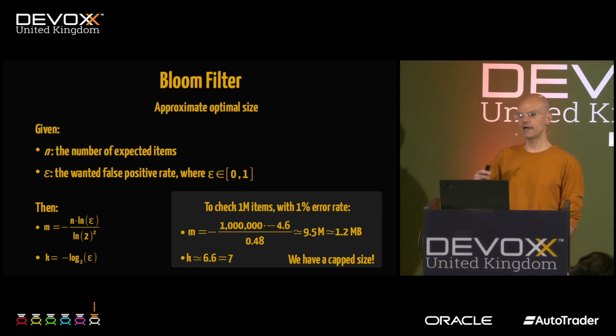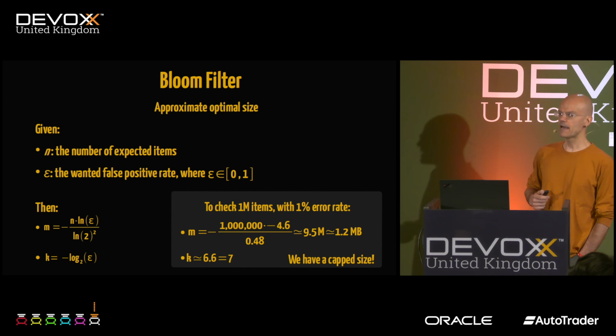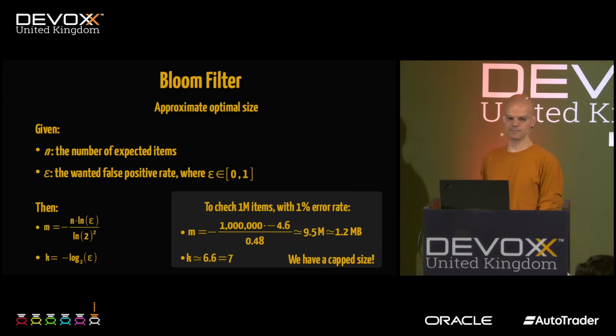So given a value n, which is the number of items that we expect to insert in the set, and given a rate epsilon, which is the false positive rate that we want to allow, then we have this formula in which we compute m and k based on these values, and we can have the optimal values for our Bloom filter.